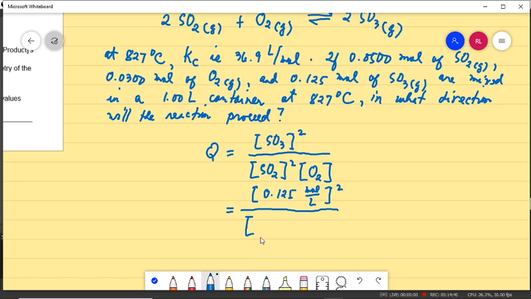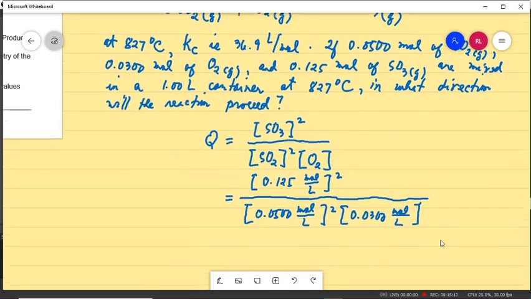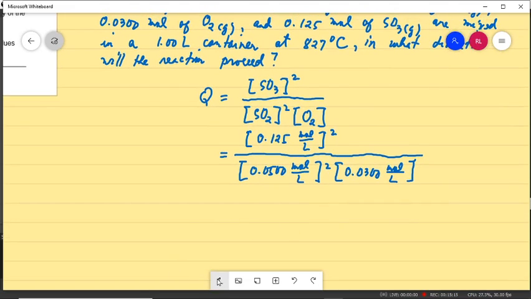Then for sulfur dioxide, we have mole per liter raised to the power of 2 times the concentration of oxygen gas. So you can get your calculator and then solve.